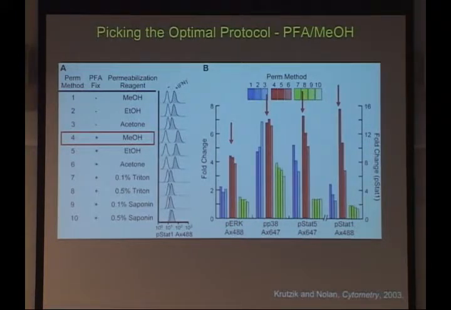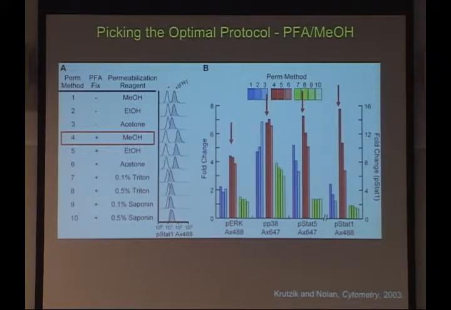Mess around with different fix, maybe higher or lower, and different perm reagents. It's definitely worth your time, because you can change something that might be a really small two-fold change into a 3-4-fold change or something like that. It'll make you feel a lot better about your data. It'll make your statistics 1,000 times better, and you can look at it by eye and know that it's actually a good shift.